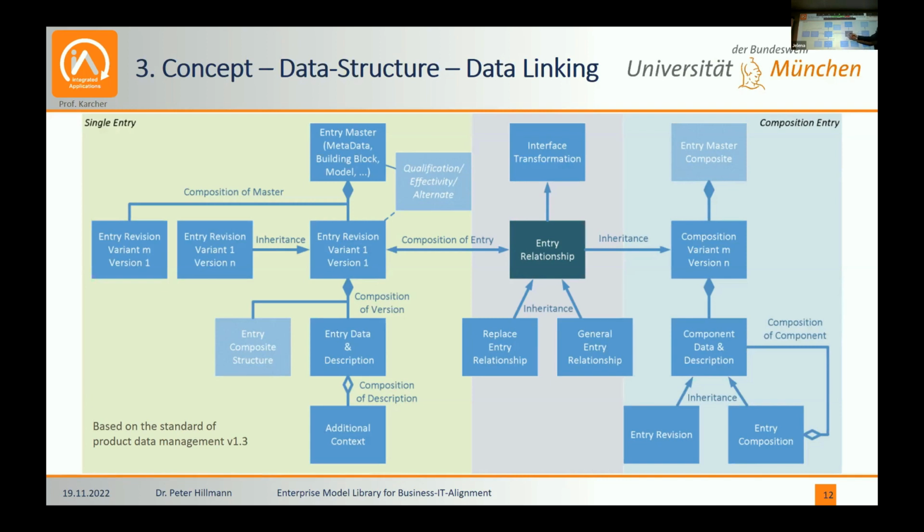We have the reference, so we can easily trace back if something is changed, and then we can find a relation. Relation can be a replacement, a connection, or a general relation. So if something is changed, we can get it and we can improve it.